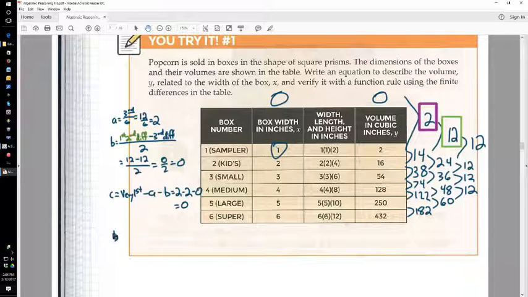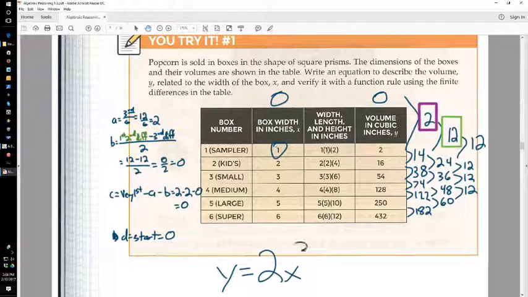And your d is your start. All right, so hopefully you wrote the equation out: y equals 2x to the third power. Didn't write anything else out because the rest of them are 0. We found our a, our b, our c, and our d. Cool? And there you are.